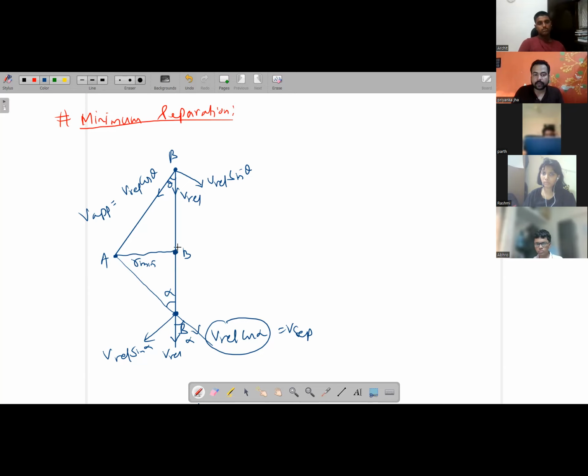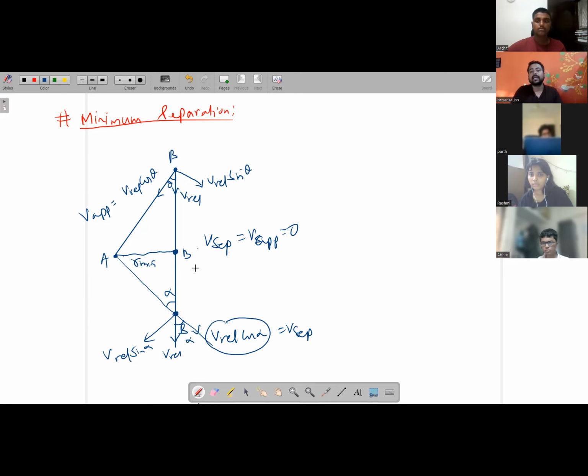Because if even at this place B had some velocity of approach or separation, then B might have gone closer to A or away from A, right? So velocity of separation and velocity of approach have to be zero at the minimum separation.